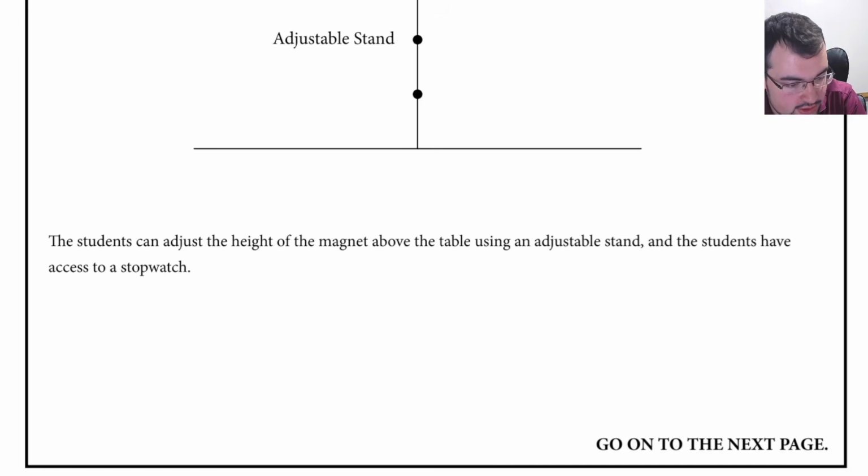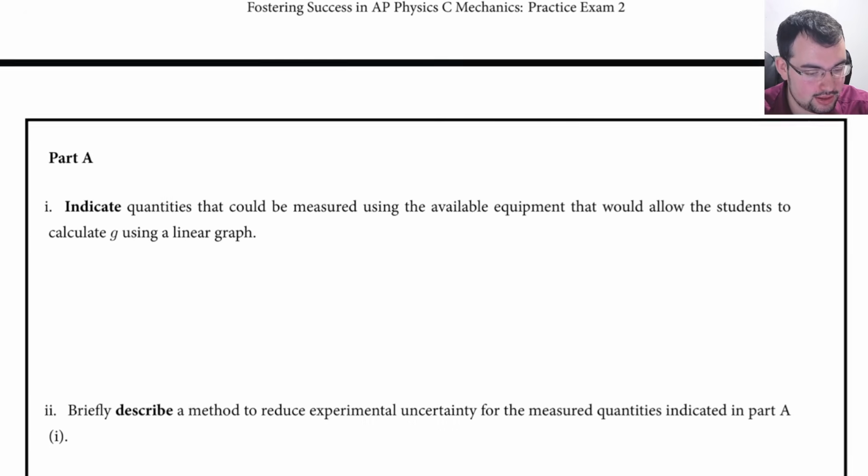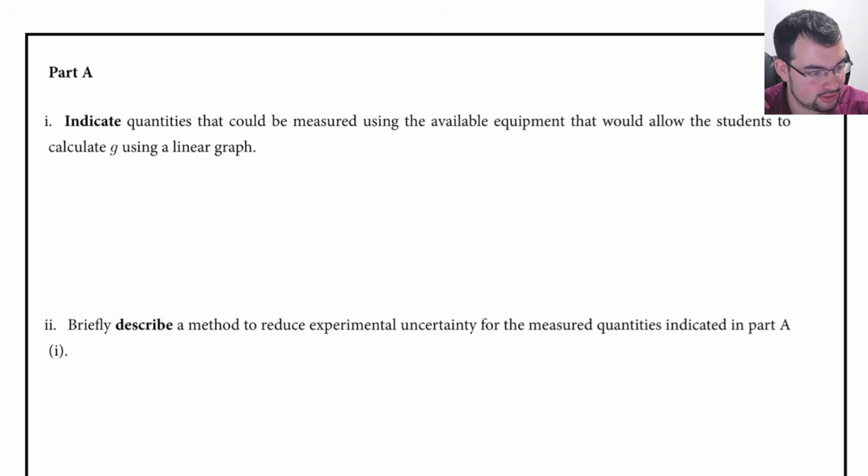So this means we have access to measuring h, and we have access to measuring t. The goal of this is that you should be really forced into a box where you're given these two things you can use to measure. Indicate quantities that can be measured. This is not procedure. We've gotten rid of this being a procedure question. This is literally what can you measure?